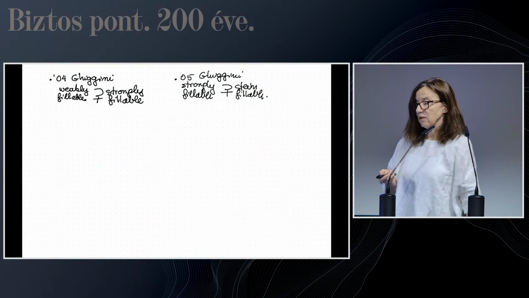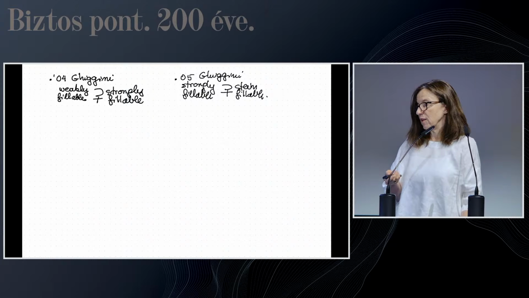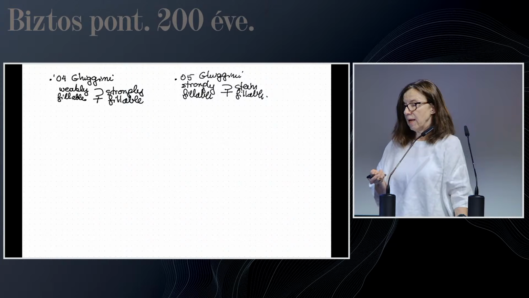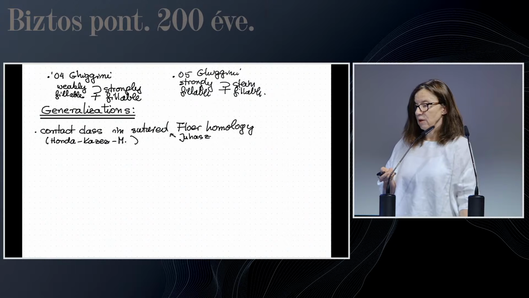So other uses that in 04, Ghiggini proved that weakly fillable is different than strongly fillable, and that strongly fillable is different than Stein fillable. Generalizations are contact classes in sutured Floer homology by András Juhász.